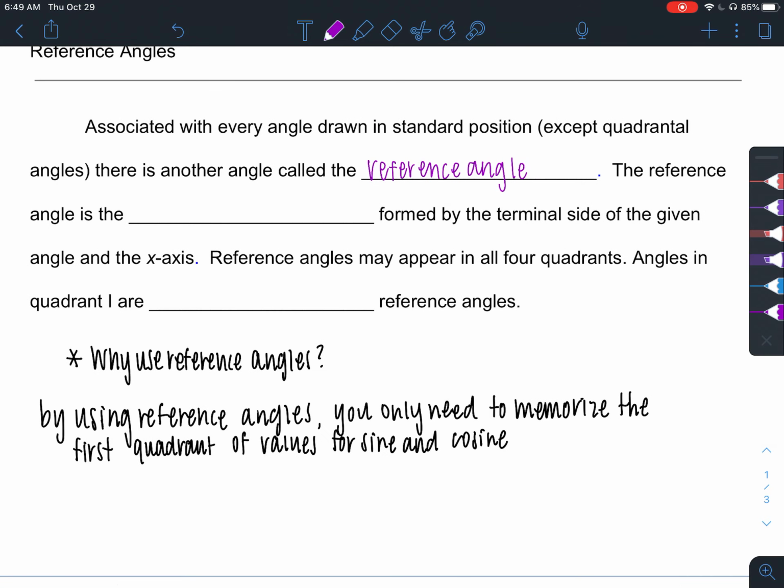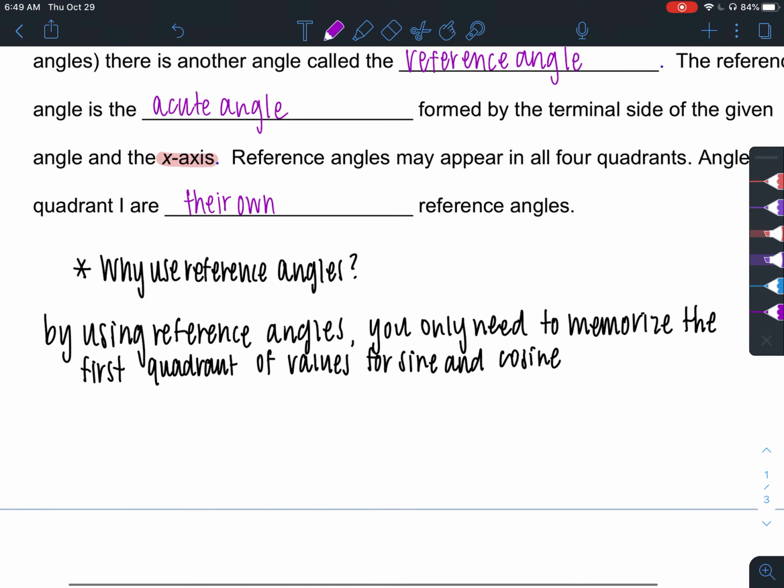The reference angle is always going to be the acute angle. Important piece is acute, formed by the terminal side of the given angle and the x-axis. So our angle is always going to be drawn to the x-axis. Reference angles may appear in all four quadrants, but angles in quadrant 1 are their own reference angles.